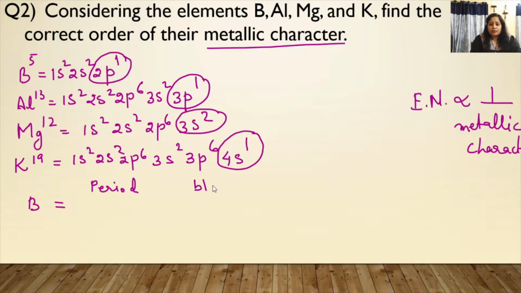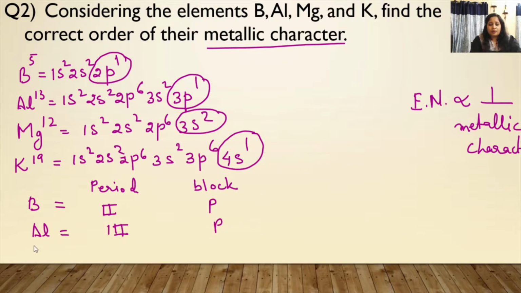Two things we will get. Boron is from the second period and belongs to the p block because the last electron falls in the p orbital. Same in the case of aluminium, the last electron is in the third level, so the third period and p block.